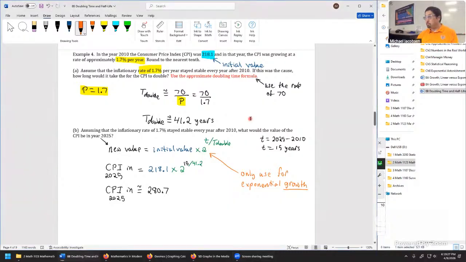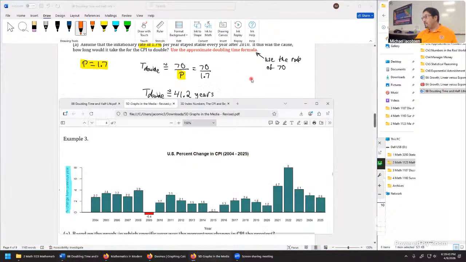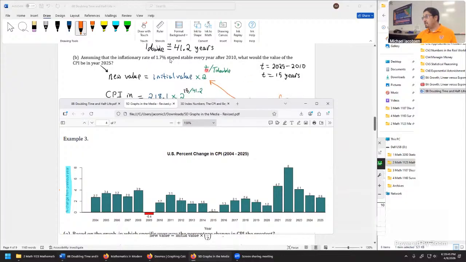So just to take a bigger look at the context of this problem, we had pretty accurate information that 2010, the CPI was really 218.1. It really was growing at the inflationary rate of 1.7% per year. But if we look again at this graph, it's telling us a different story. Inflation rate is stable at 1.7% after 2010 is a fiction, right?